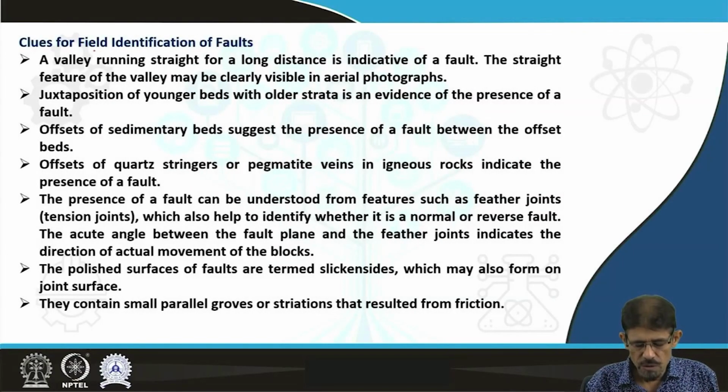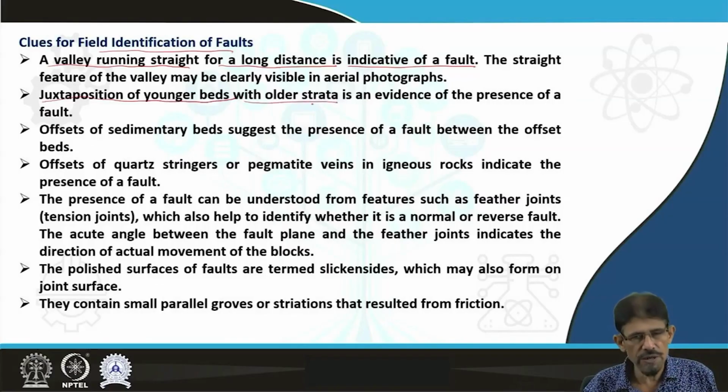Some of the clues related to the identification of faults are here. A valley running straight for a long distance is indicative of a fault, and the juxtaposition of younger beds with older strata is evidence. Offset of sedimentary beds is also evidence.